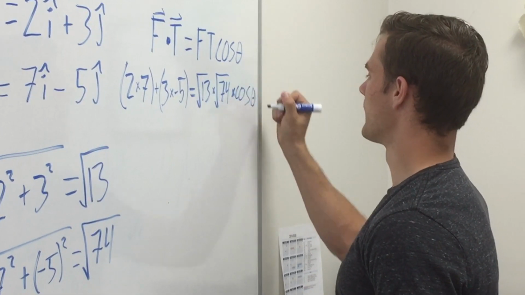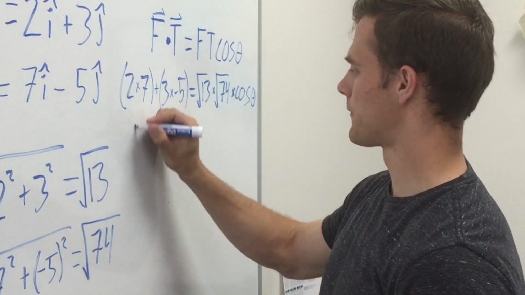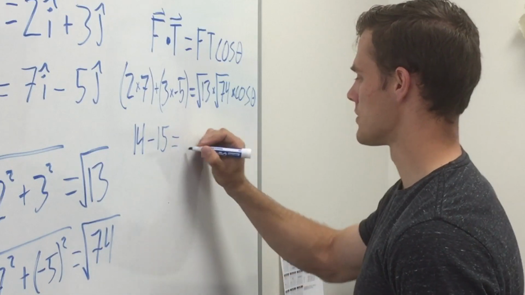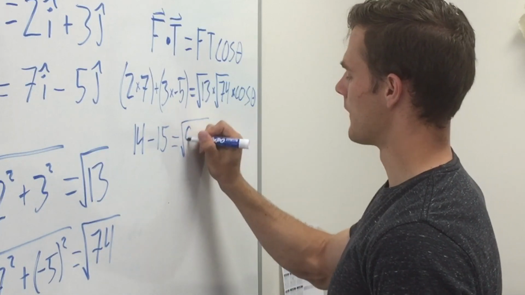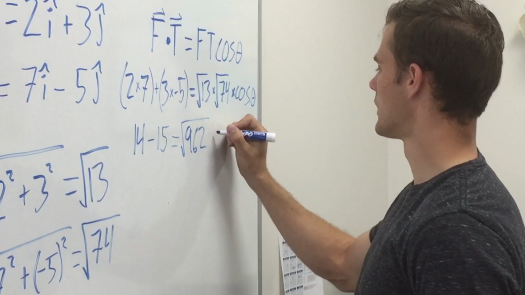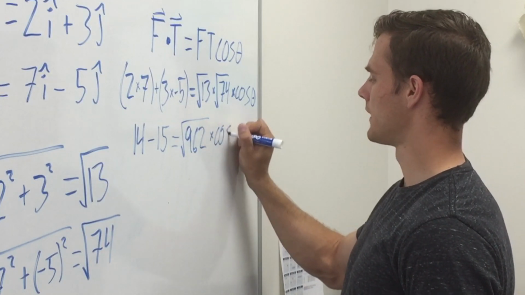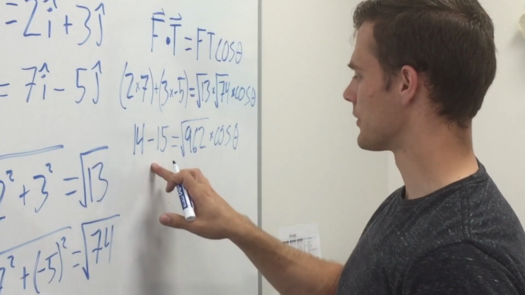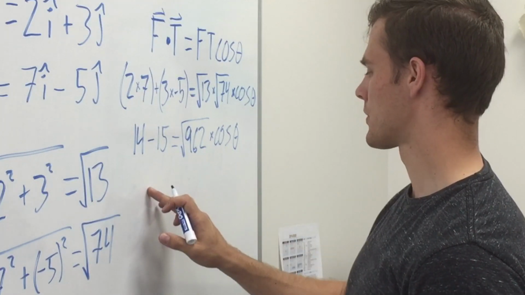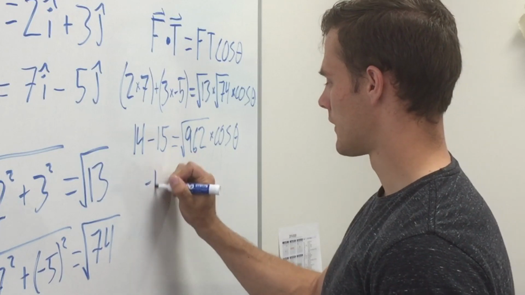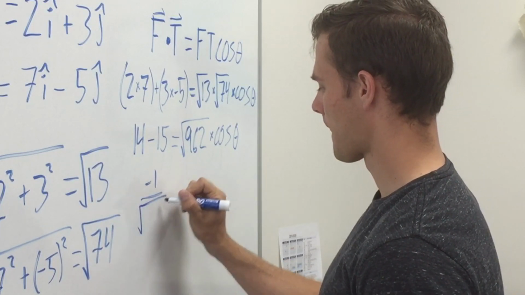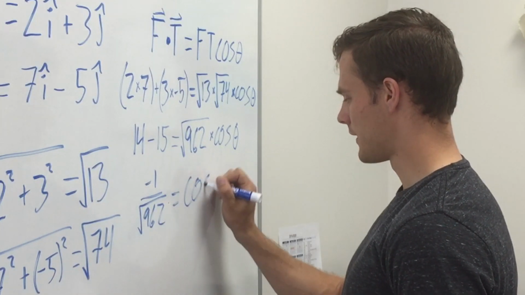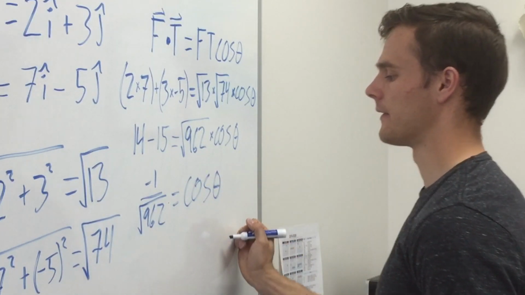cosine of theta. And so this is 14 minus 15 equals the square root of 962 times the cosine of theta. And so this will equal negative 1. You divide by the square root of 962, which equals the cosine of theta.